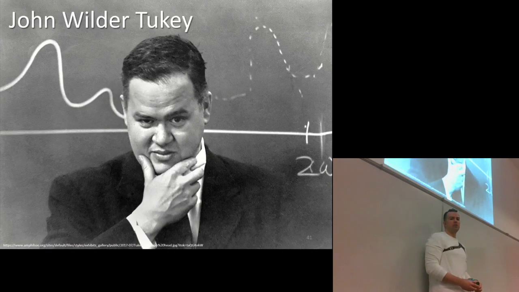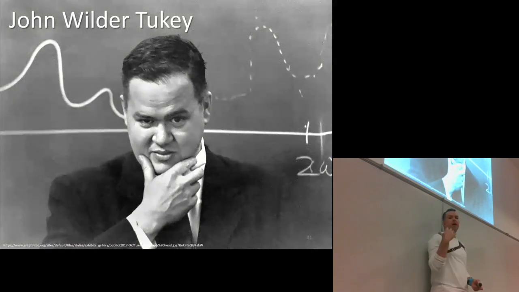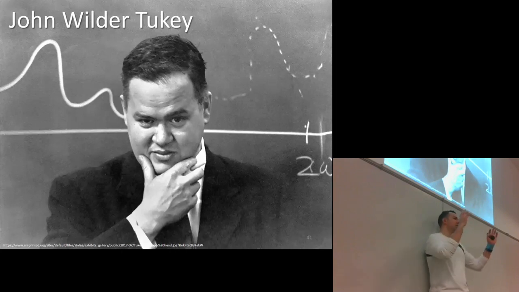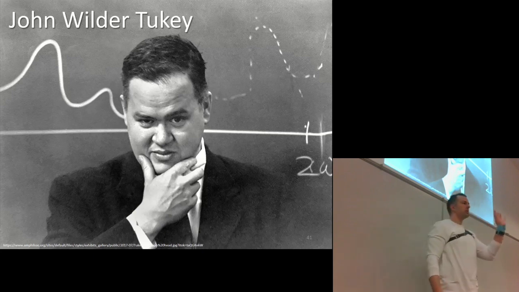And we'll also learn about John Wilder Tukey, who came up with the Tukey test, which acts in conjunction with the ANOVA to help you not just know that there is a difference among groups, but lets you know which group is showing the greatest difference. And he named his test the Tukey test because statisticians are not known for their imagination. All right, so those are statisticians.